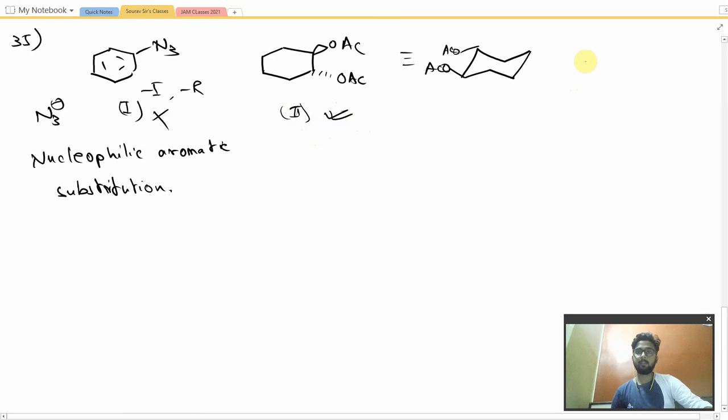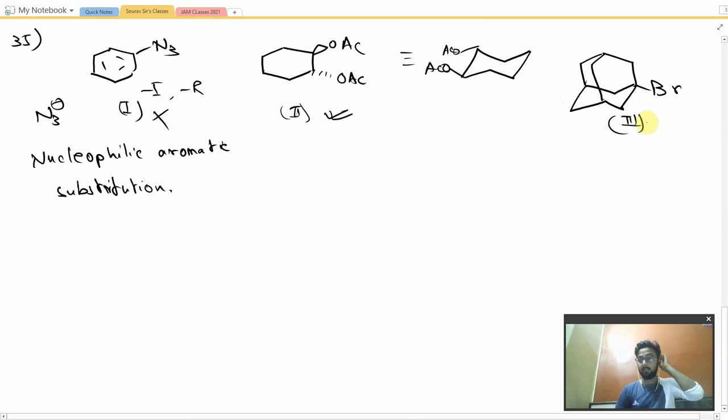The third compound is Br. So this is compound 3. This would either go by SN2 or by SN1. But in this case you can see that SN2 is not possible because this is an extremely bulky group and therefore the nucleophile approaching is not possible.